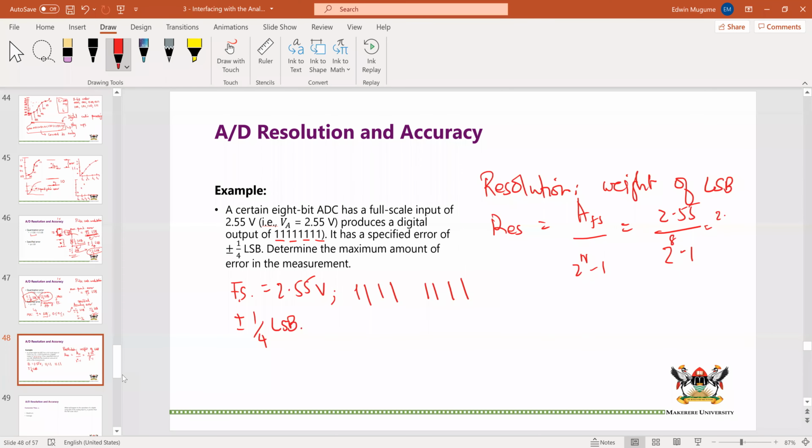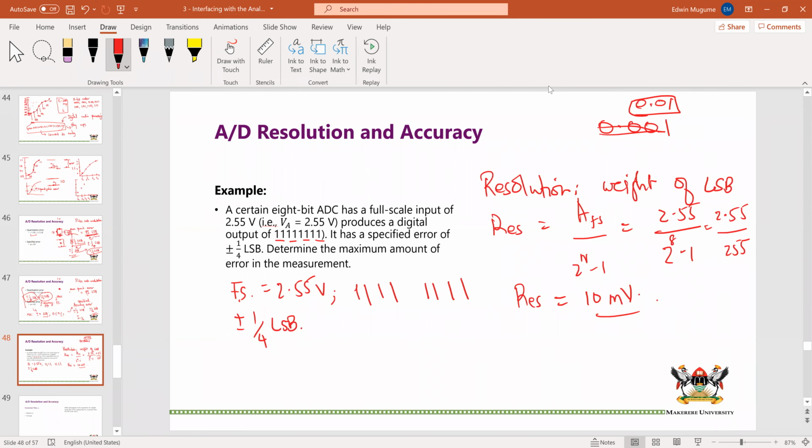So we have 2.55 over 255. Resolution is then 10 millivolts, or 0.0... is that so, or is it 0.01? I think it is that one, 0.01.